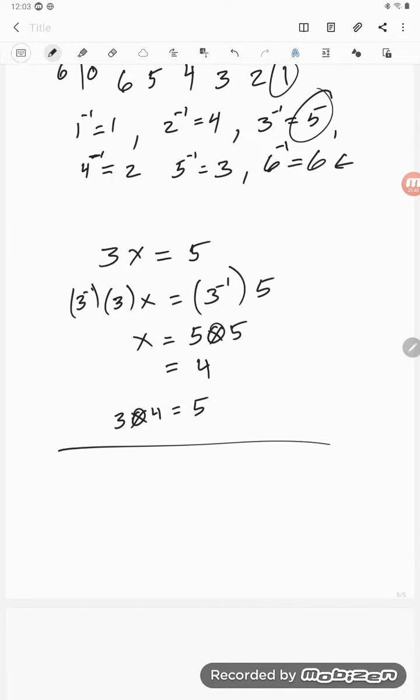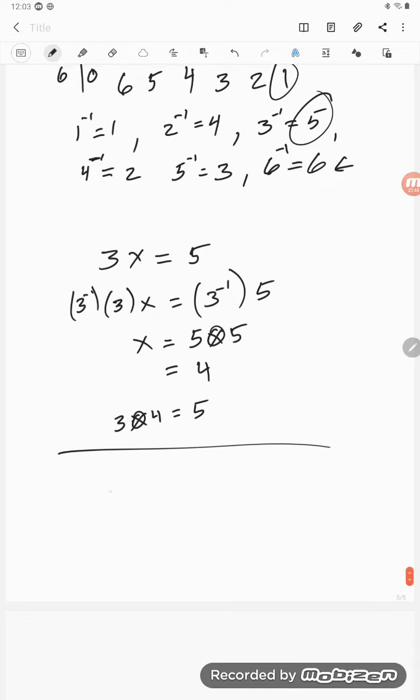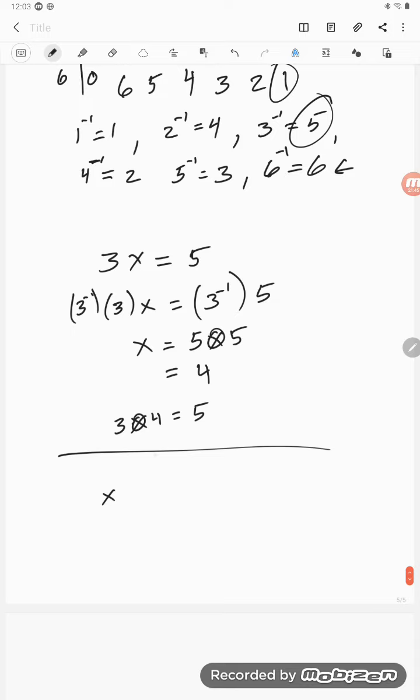All right, so suppose I have something like x1 plus 2x2 plus x3 is equal to 4.